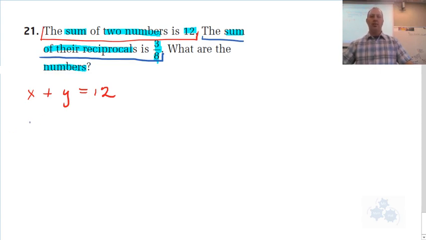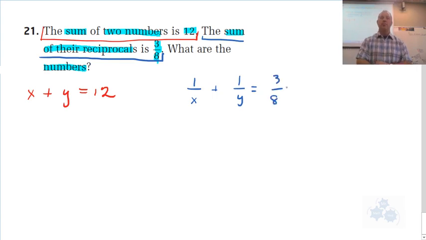So we're also given this. 1 over x plus 1 over y is 3 over 8. The sum of their reciprocals. Okay, when you flip the denominator and the numerator around. Okay, so what do we do with two equations? Well, we've done questions like this before, not very many, but this is a skill you're going to need to know as we move through into calculus.